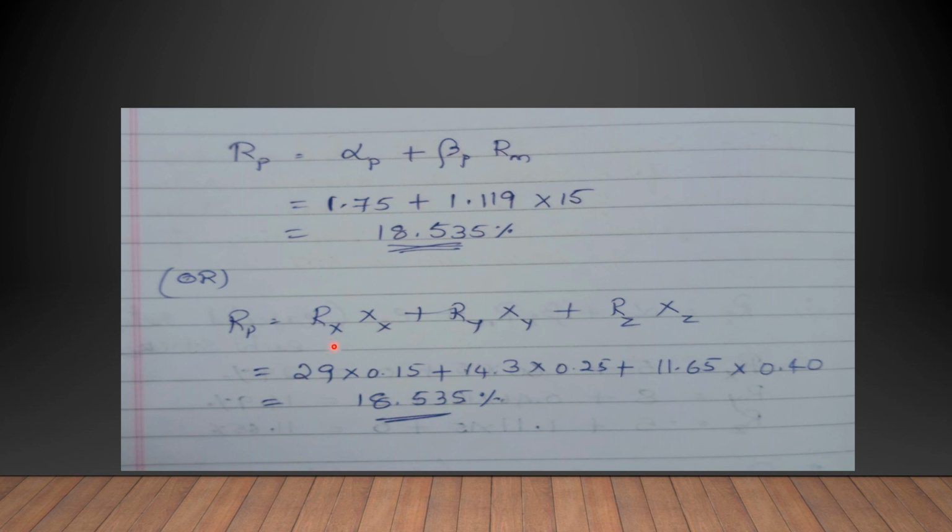These values you have to substitute, along with the weights, that is 35%, 25% and 40%, given in the question. In both ways you will get the same answer. Here it is 14.9, not 3. So make that correction: it is 14.9.